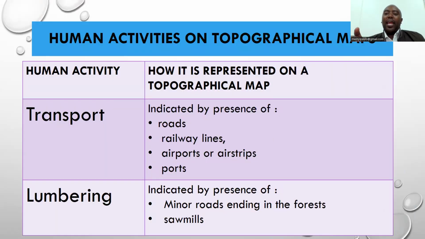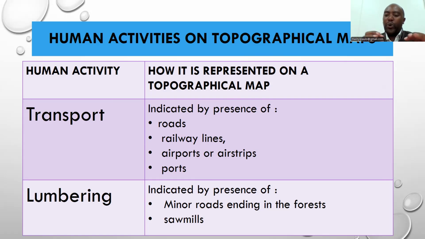We move on, and now we want to see how exactly the human activities that we've just mentioned are represented on a topographical map. Let's start with transport. Transport on a topographical map is indicated by the presence of roads, with different categories of roads, main, major roads, and so on, with railway lines, airports and airstrips, ports, and so on.